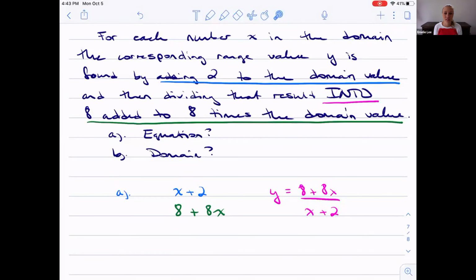Something to keep an eye out for, right? So you want to be really careful that you're either reading by or into because it's going to make a difference. The 8 plus 8x is in the numerator because you're dividing 2 plus x into 8.